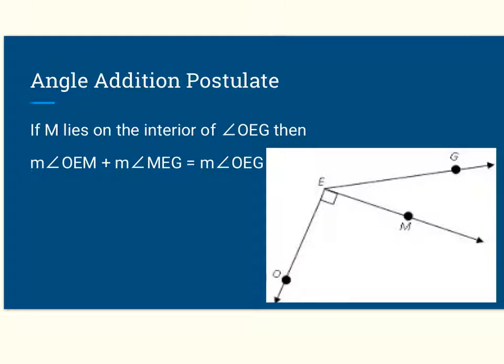Okay, just like we had the segment addition postulate, we have an angle addition postulate. So here we have point M lying on the interior of angle OEG. And so then we can say that the measure of OEM plus MEG is equal to the measure of the entire angle OEG. Again, that's just like your segment addition postulate.